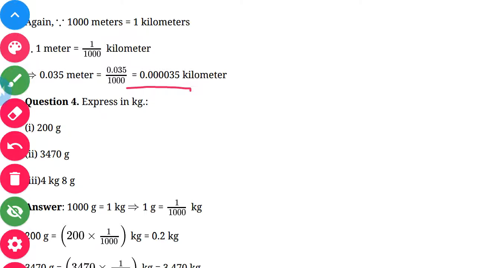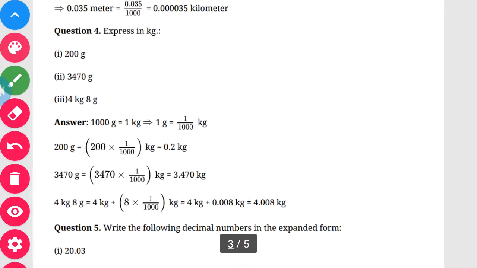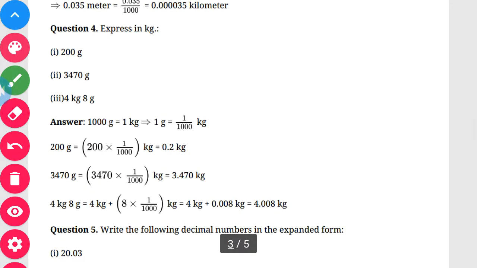Now if I want to go for the next one, question number 4. Again it is conversion, expressing grams in terms of kg. Very easy. 1 kg is equal to 1000 grams, so 1 gram is equal to 1 divided by 1000 kg. So here you have to multiply by 1 by 1000.